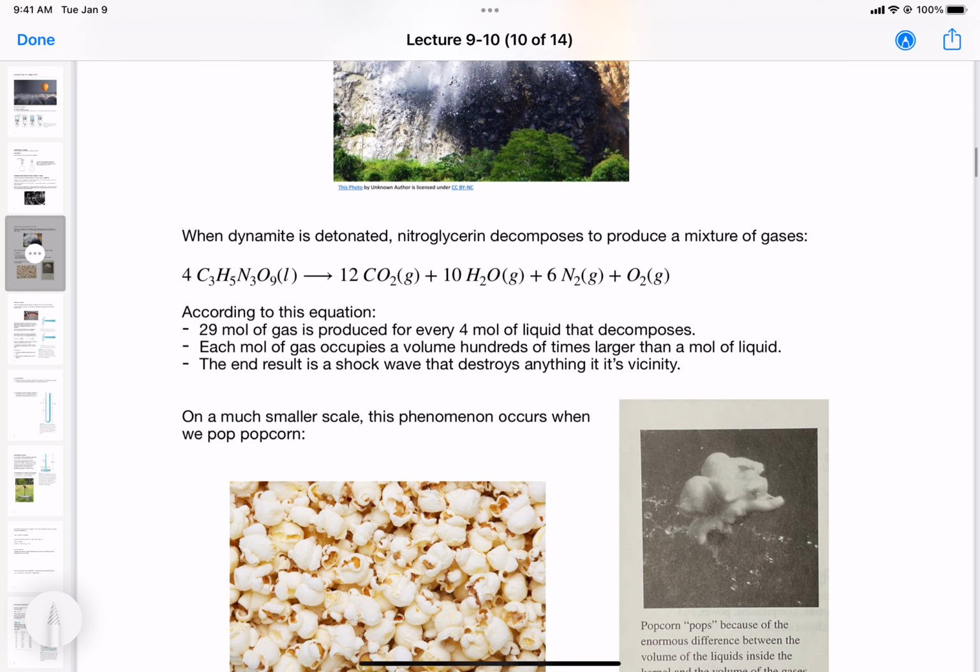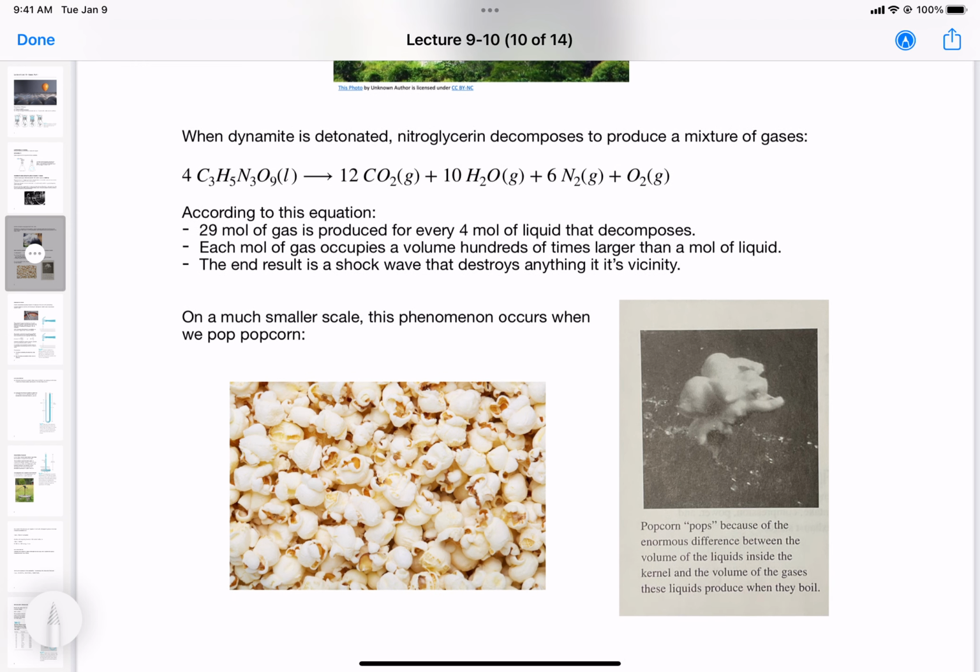Alright, so similarly, let's go to a maybe more friendly example. On a smaller scale, this phenomenon also occurs when we pop popcorn. So maybe you never thought of how popcorn pops, but basically what happens is you have some liquids in the kernel that will pop, or basically burst open to form popcorn, because the volume inside the kernel is very small.